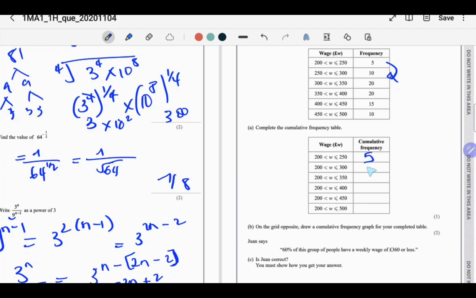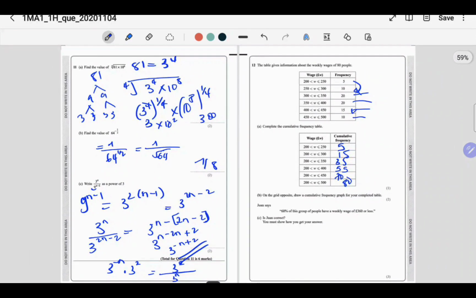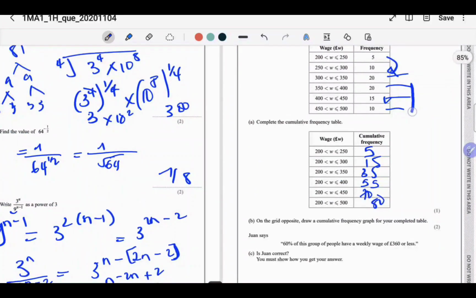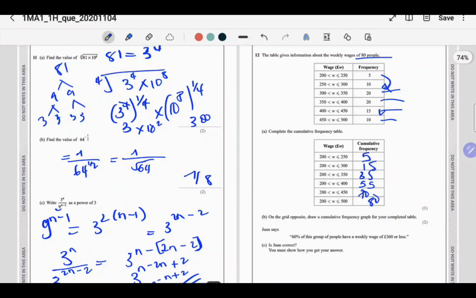So this will be 5, 15, 15 plus 20 is 35, 35 plus 20 again, 55, 55 plus 15, 70, and 80. Let me tell you something. The cumulative frequency would always add up to the number of people in the data set.